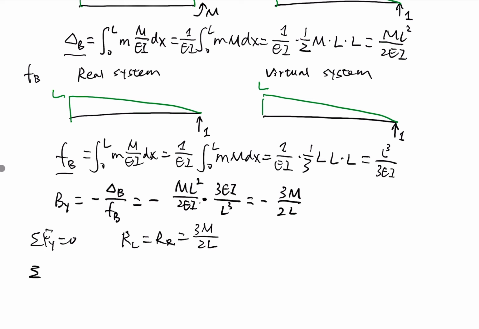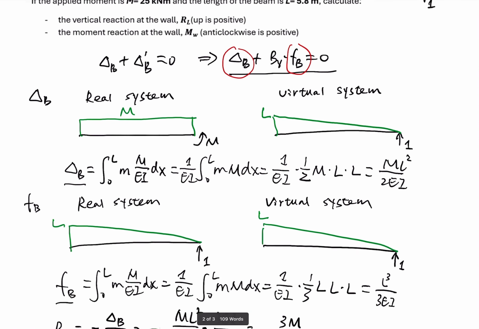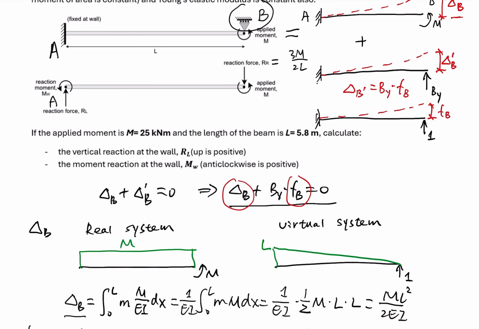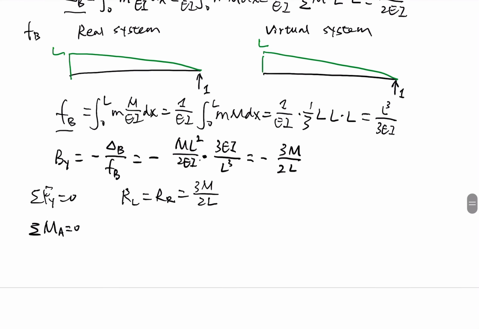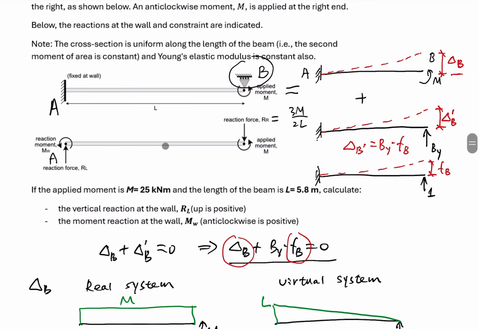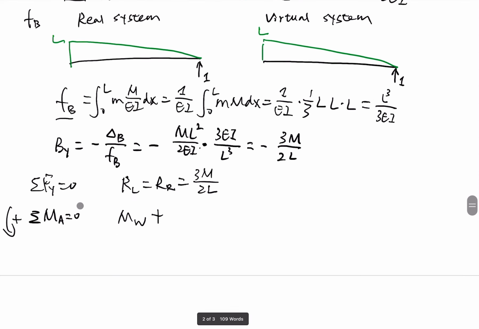Suppose we write down the moment equation of equilibrium at support A. Assume the positive direction is counterclockwise. We have MA plus M, we have RR, and the bending moment at support A. So we can express it as negative RR times L equal to 0.